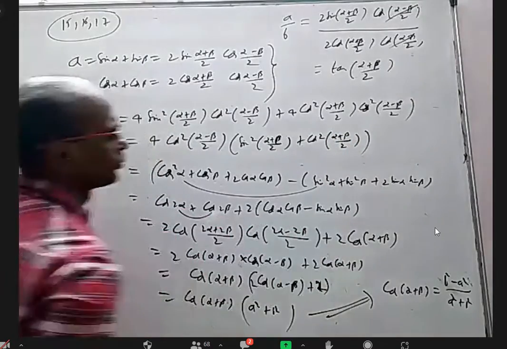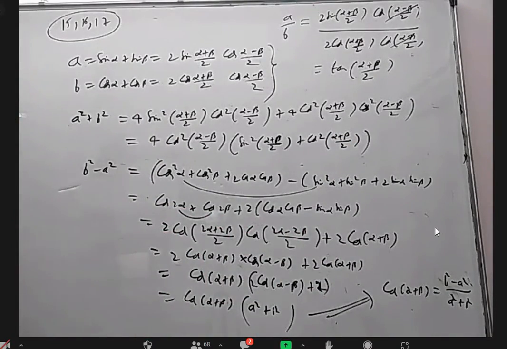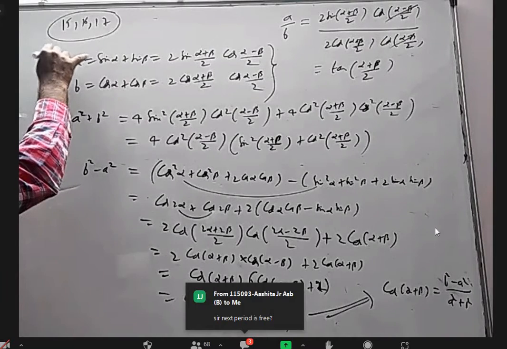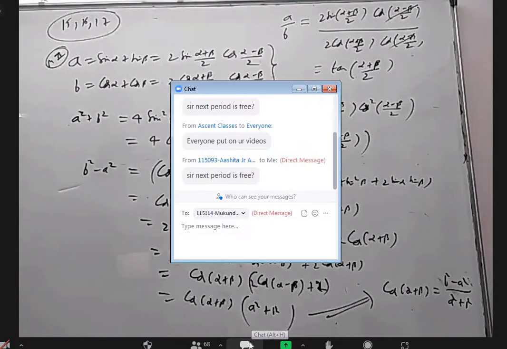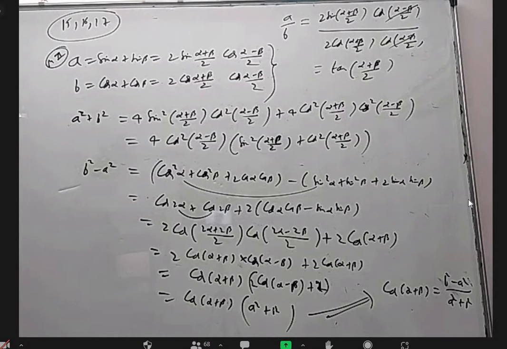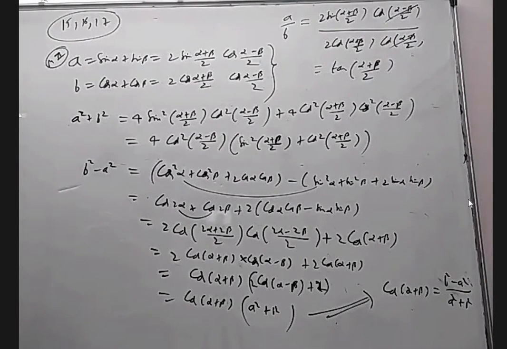So, second method, sir. Sir, instead of finding a square plus b square, can we directly write the sin 2 theta formula in terms of tan, sir?